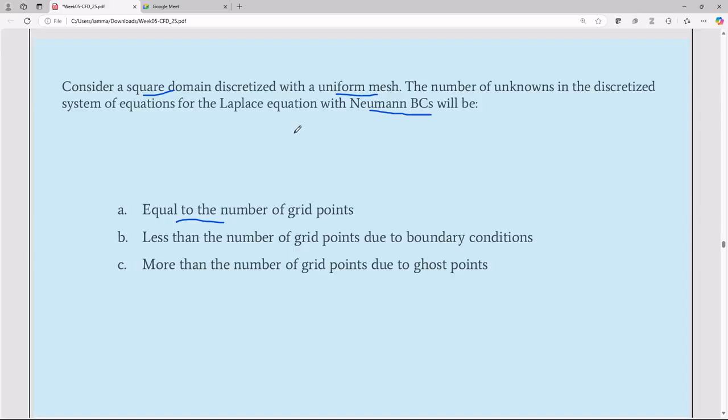Okay, so here the question is on a square domain discretized with a uniform mesh and having Neumann boundary conditions. Neumann boundary conditions can be set either by an implicit method or an explicit method.